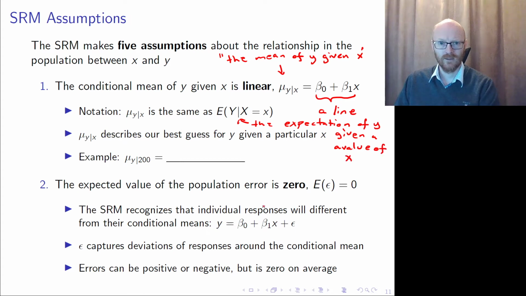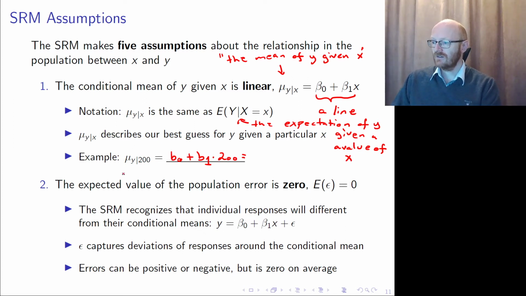Okay? So if you know the value of x, then you can get the average value of y. It's just our best guess. An example of the average of y given x equals 200 would be to take the intercept plus the slope times 200. And then you would get a value.